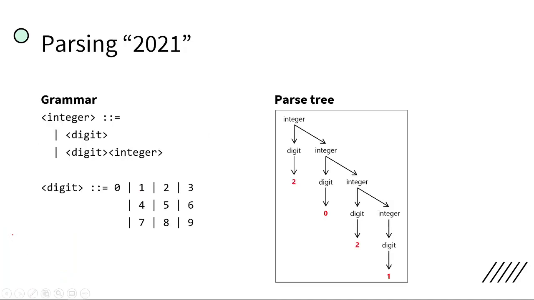Okay. So next, we will try parsing the string 2021 using the grammar below. So a recap on how we interpret the grammar for an integer.